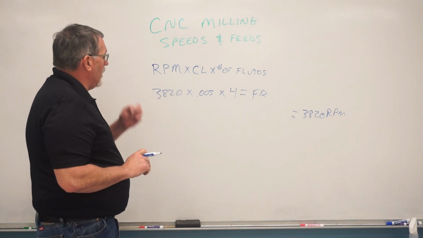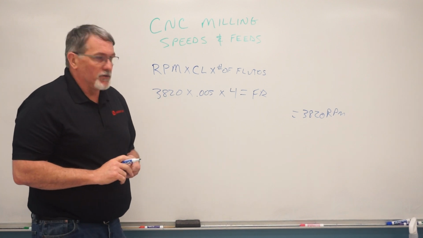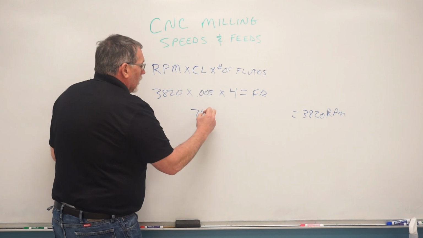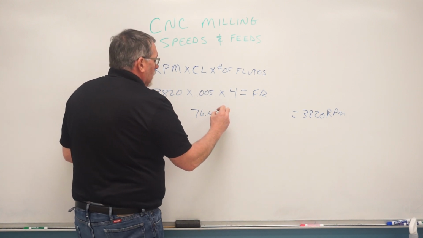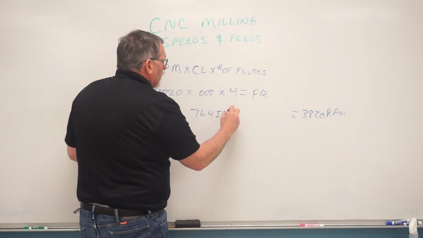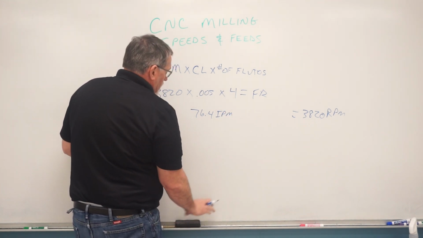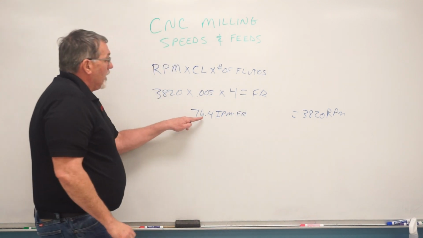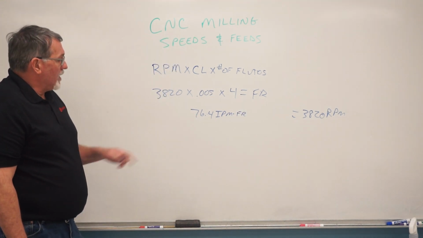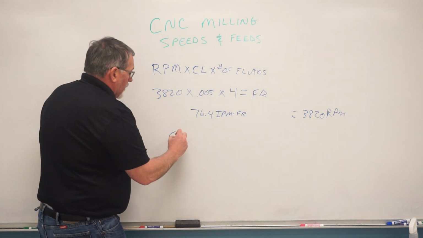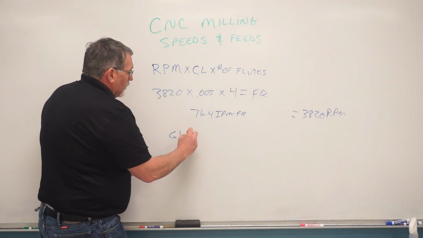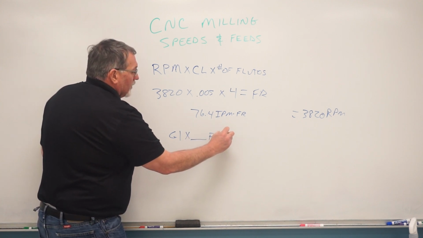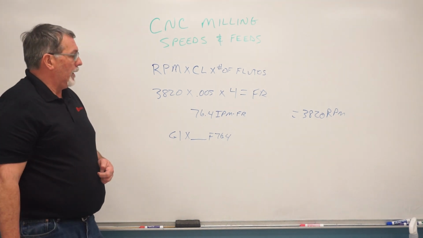If we do the math on this, pull out a calculator, I believe we have 76.4 inches per minute feed rate. So that's going to go on a G1 line. When we do our program, you'll have a G1 to an X or a Y location with a feed rate of 76.4 inches per minute.